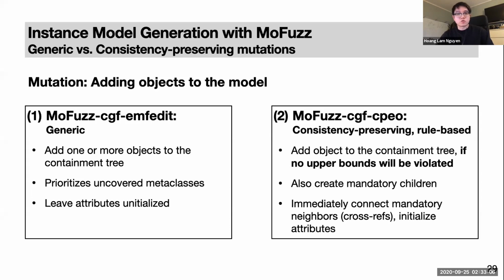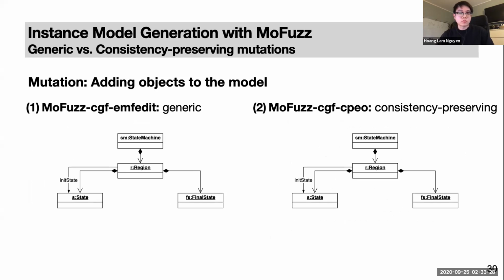On the other hand, if we perform a consistency preserving mutation that adds objects to the model, it will only add an object to the containment tree if no upper bounds will be violated. Furthermore, the mutation will also create mandatory children as well as cross-references to mandatory neighbors, as well as initialize all attributes in order to preserve the consistency of the model.